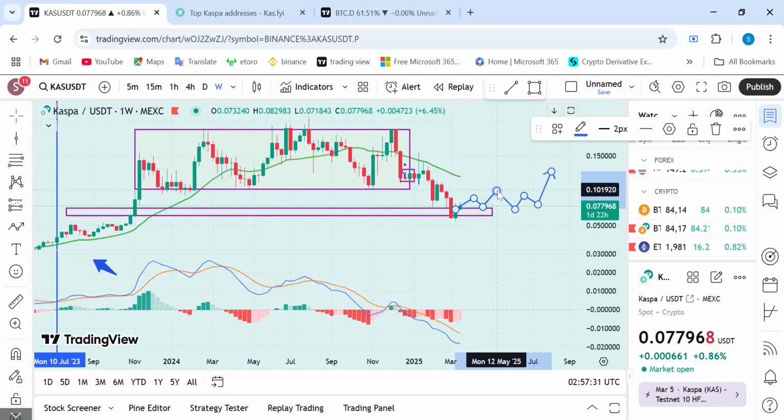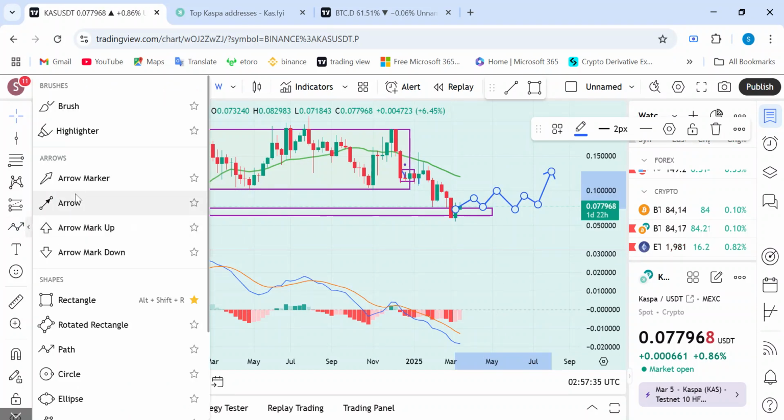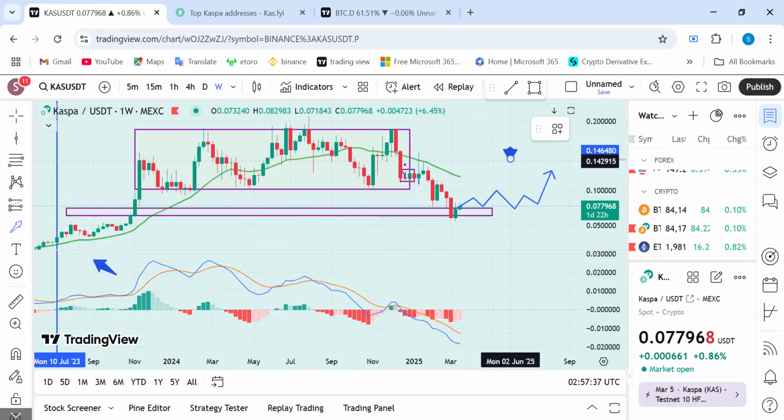Let's say one of these, give me a second, bear with me. If one of these price actions can take us to the SMA line, you're already in the green if you're buying right now.